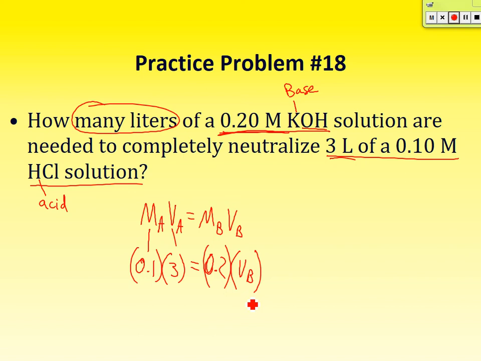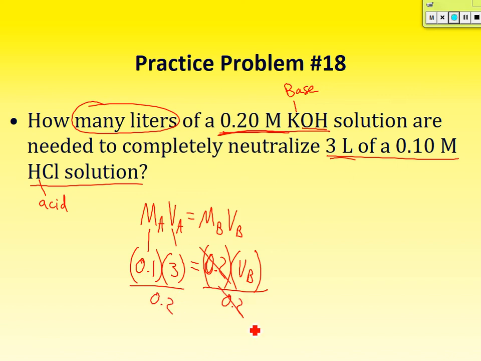Okay, let me show you another way to solve this. If I wanted the volume of the base to be by itself, I want to isolate that variable. How do I get rid of this 0.2? Times the left side and then divide it. Good, yeah. Let's divide it by 0.2 on both sides. Over here it cancels out.